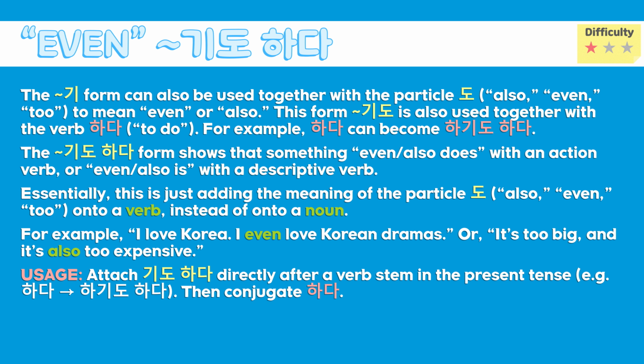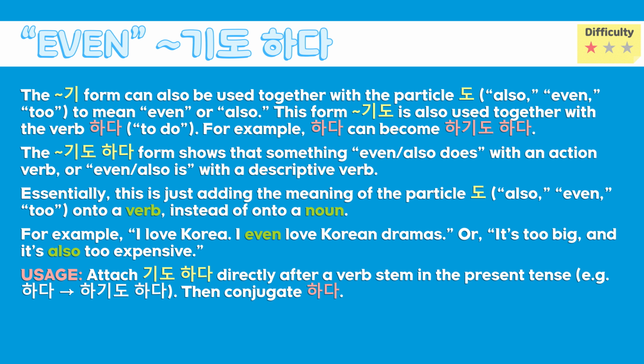The 기도하다 form shows that something even or also does with an action verb, or even or also is with the descriptive verb. Essentially, this is just adding the meaning of the particle 도 onto a verb instead of onto a noun. For example, I love Korea. I even love Korean dramas. Or it's too big and it's also too expensive.